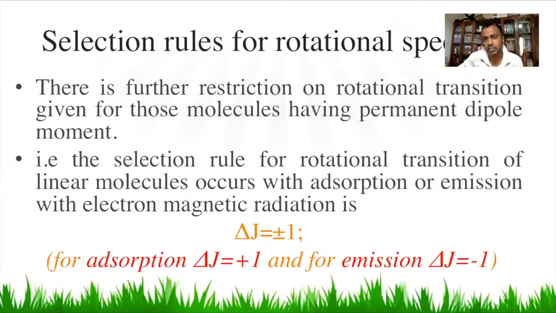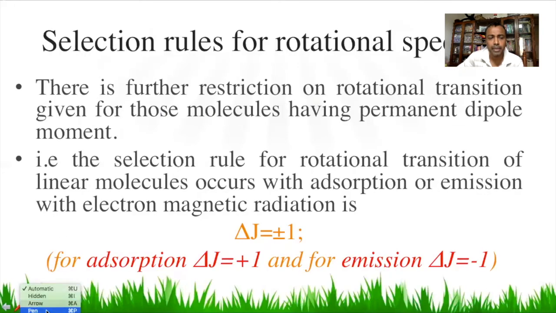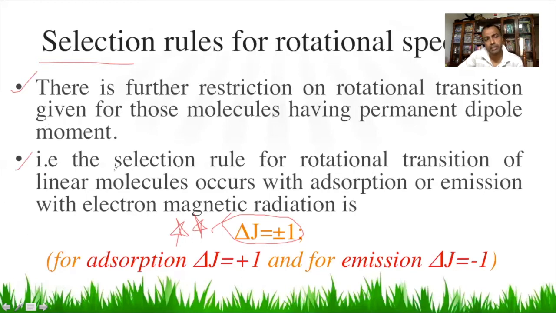Whatever the transition, the del J value, the difference of the J values, must be either plus 1 or minus 1. It is a must. So just remember these two points. First, the molecule must have a permanent dipole, and second, the del J value should be either plus 1 or minus 1.